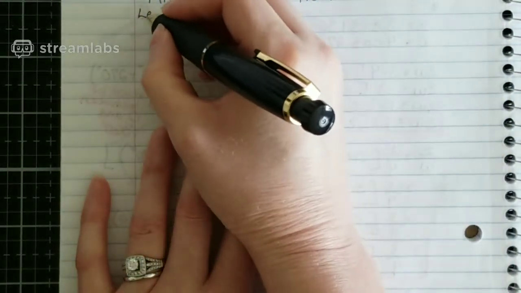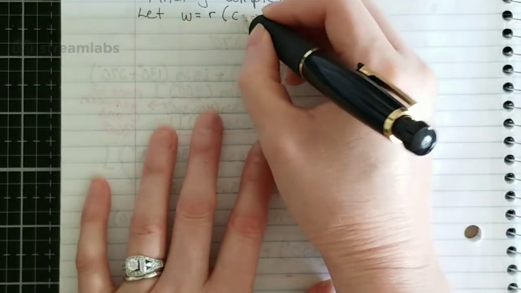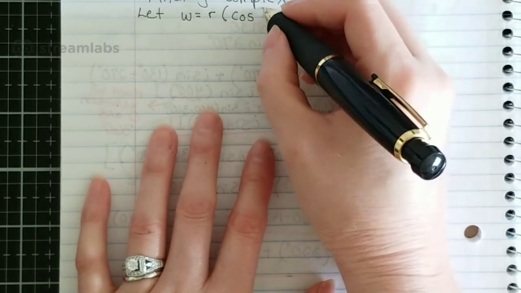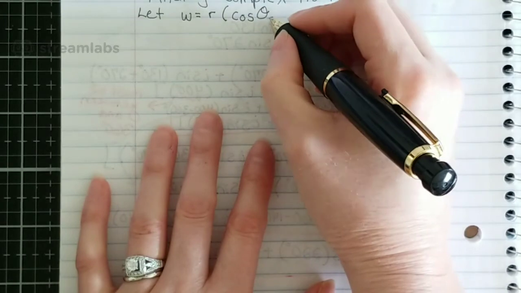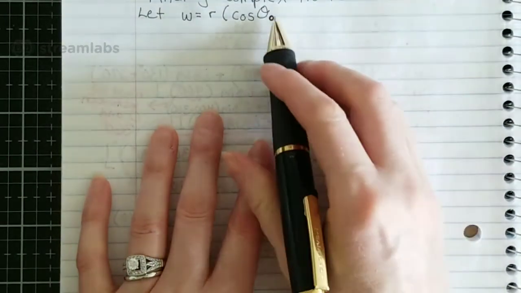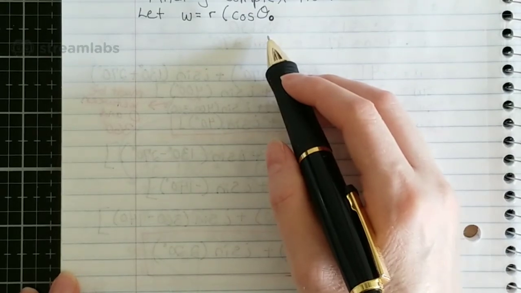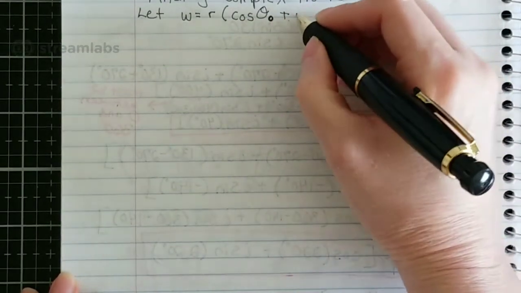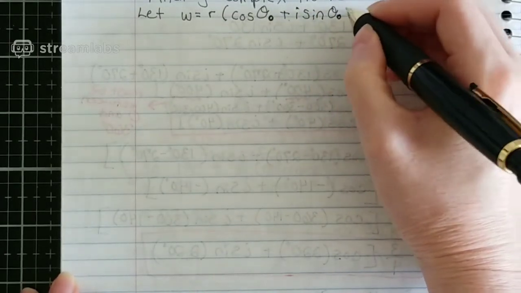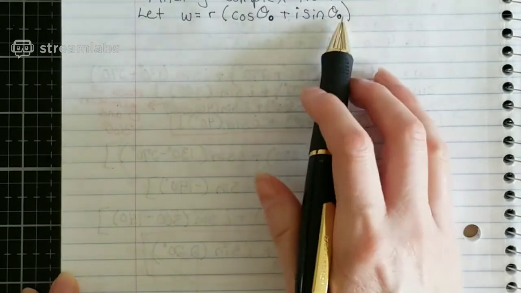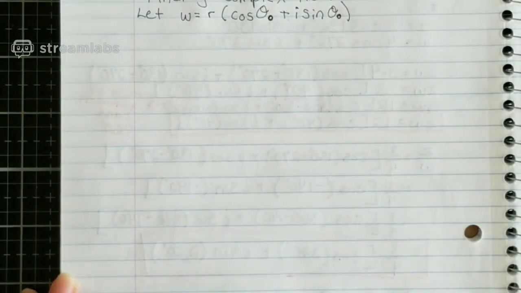Okay, so we're going to let w equal r cos of theta naught plus i sine theta naught. Those just mean that this is your original theta. This is the original problem that they started out with.